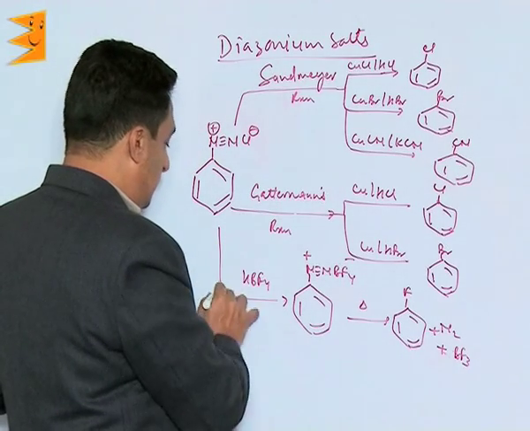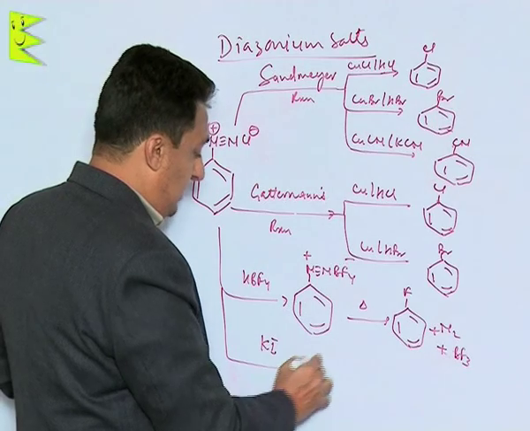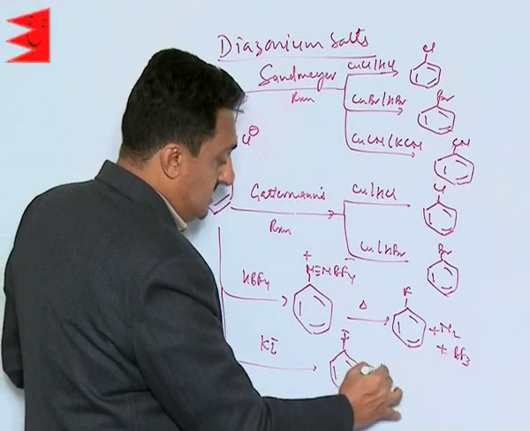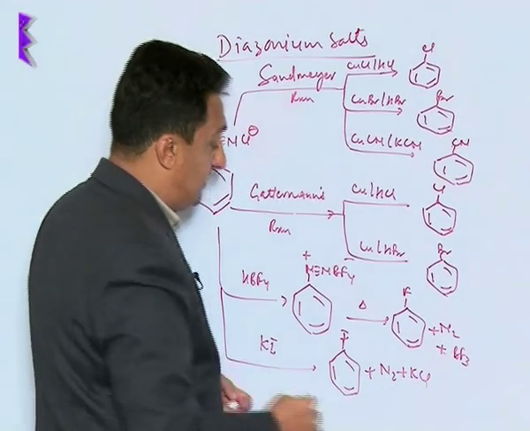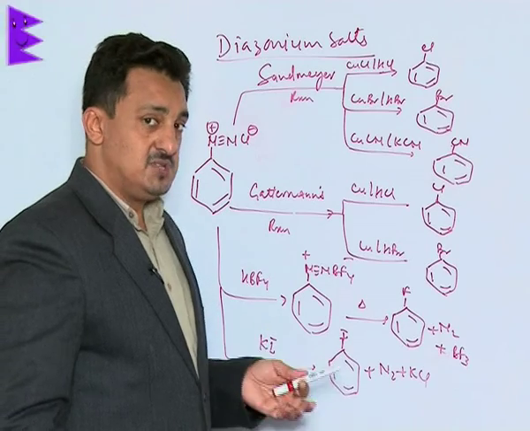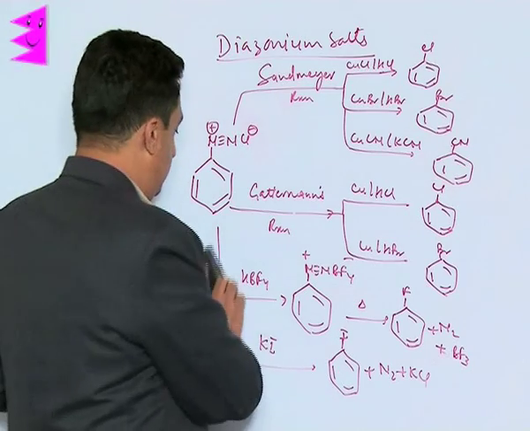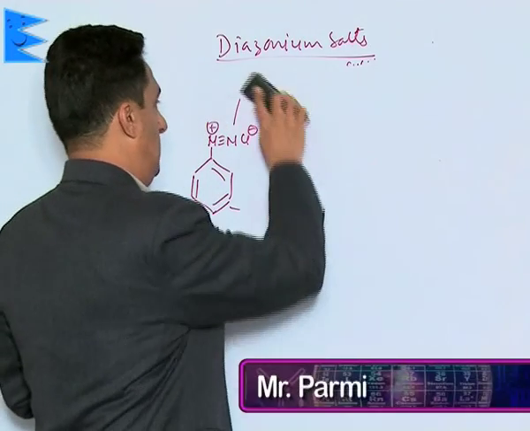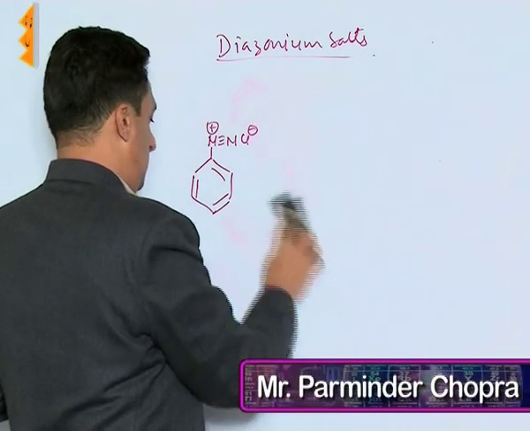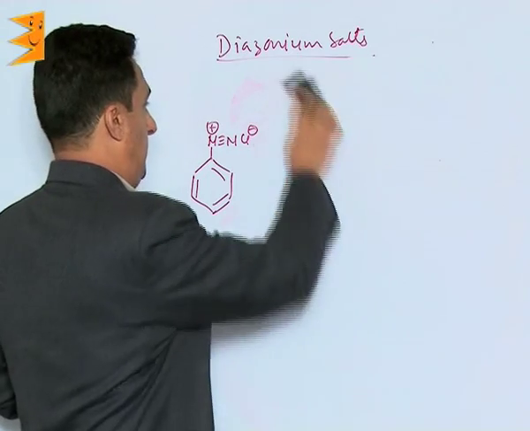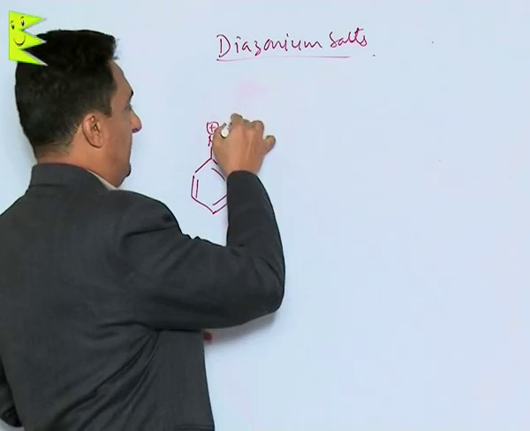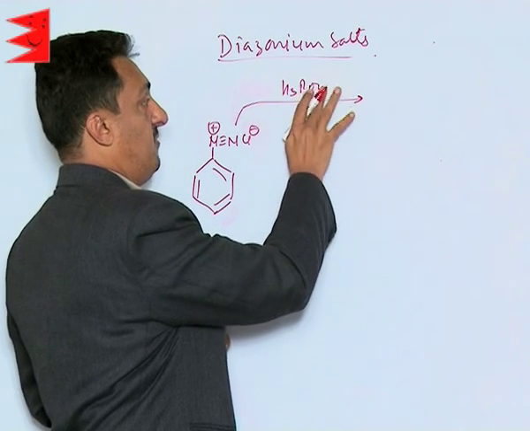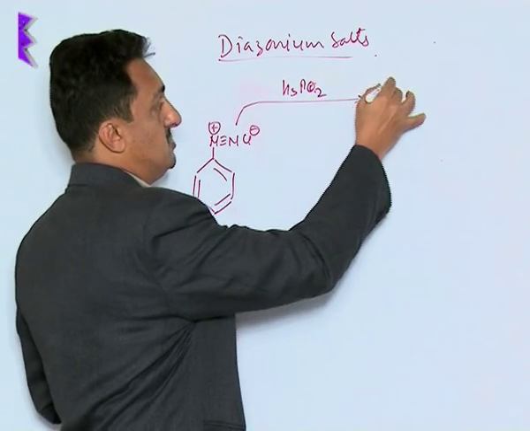We can react this with KI. What we get is iodobenzene, nitrogen, and KCl. There are more reactions of the arene diazonium. They can be listed as follows. We can react them with hypophosphorous acid, H3PO2.